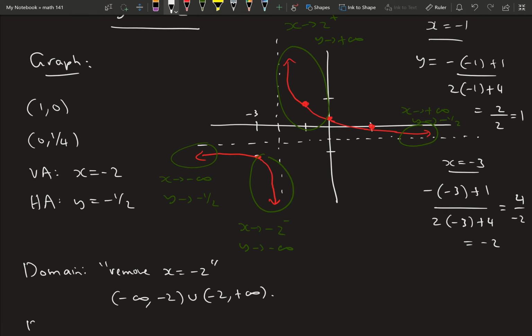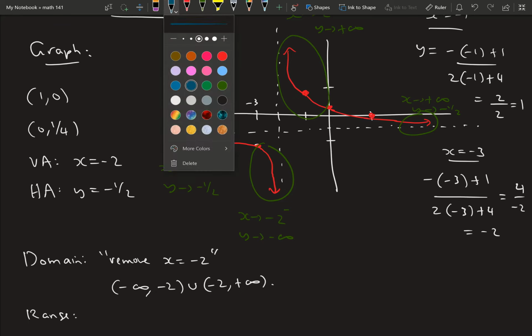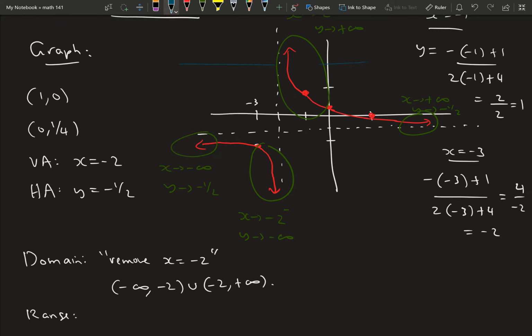And then our range consists of all the possible y values. So recall that for the y values, as long as our graph is touched by a horizontal line, that y value is included.